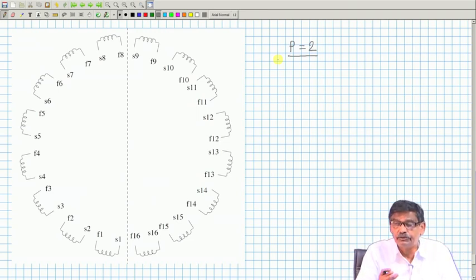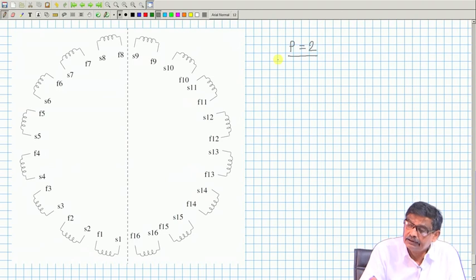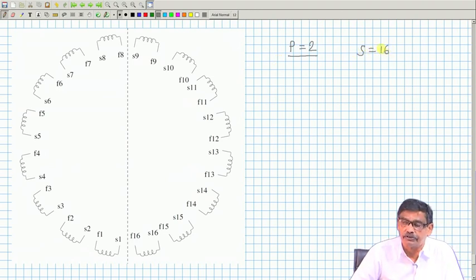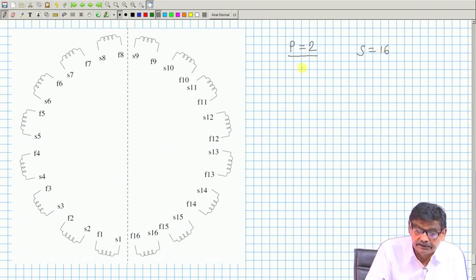So, if it is a 2 pole winding and the total number of slots is 16, then I will first calculate the coil span, number of coils, and number of slots per pole.